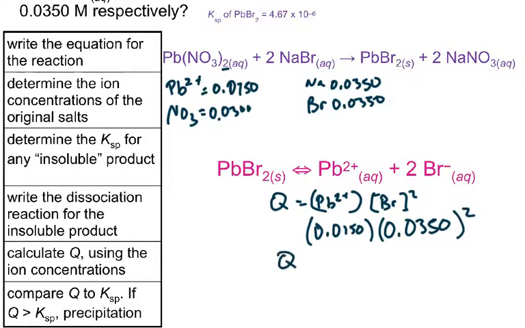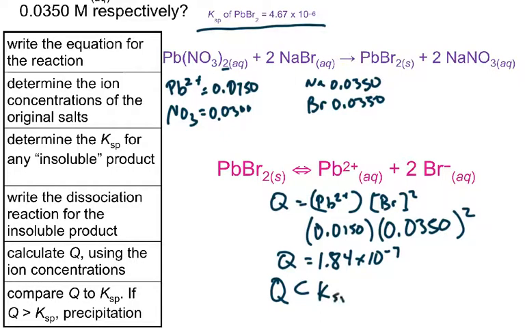So our Q value, if you do that math, is 1.84 times 10 to the minus 7th. We have our Ksp value up here, 4.67 times 10 to the minus 6. So our Q is less than our Ksp, so no precipitation.